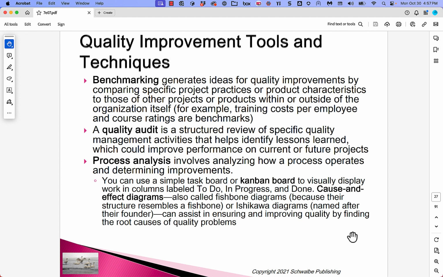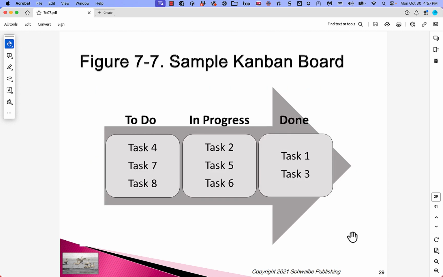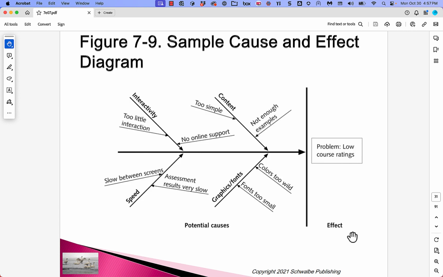They assist in improving quality by finding the root causes of quality problems. So let's just look at, well, here's a Kanban board on slide number 29. And here on slide 31 is a fishbone diagram or a cause and effect or Ishikawa diagram.